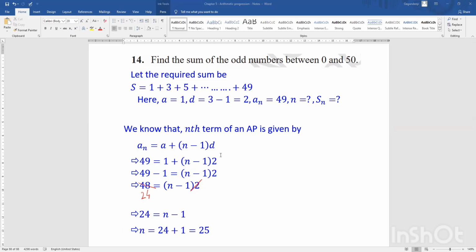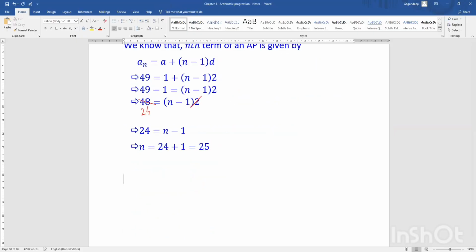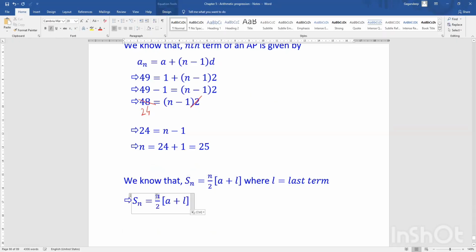then we take another formula of S_n. So it is nothing but S_n is equal to n by 2 into (a plus l). Okay, now here I take the S_n formula. Then what is n here? n is 25, 25 terms are there. So let's write 25 by 2 into a value is how much? The first term is 1, already we know, and 49 also.